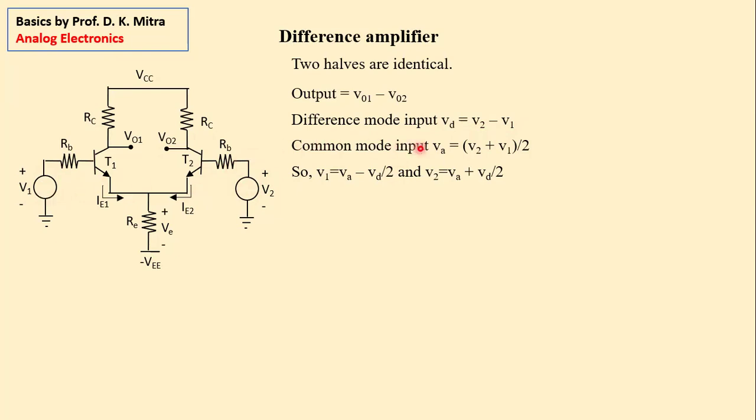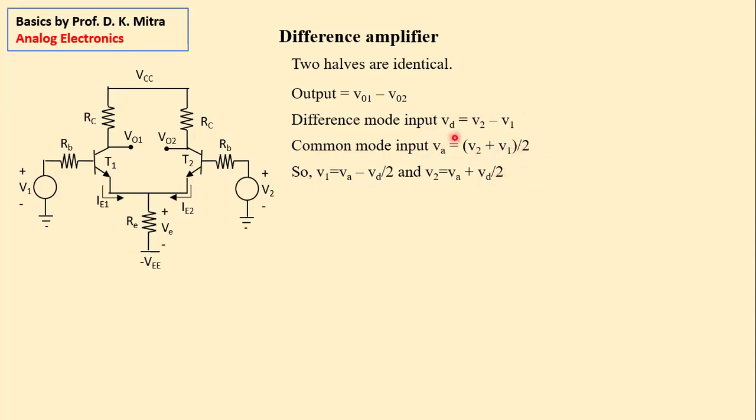And common mode input, another terminology, is the average of the two inputs. Say this is 4 volt and this is 3 volt. Then 4 plus 3, 7 by 2 is equal to 3.5. The common mode input is said to be 3.5. These are the two definitions you can say.